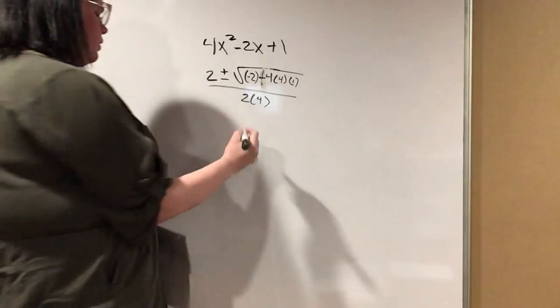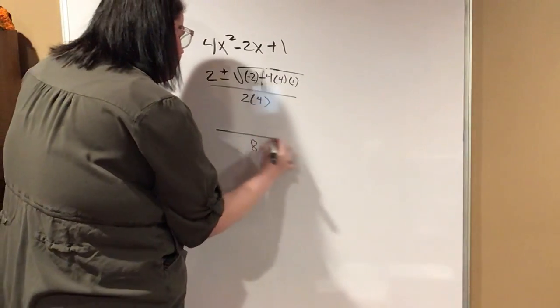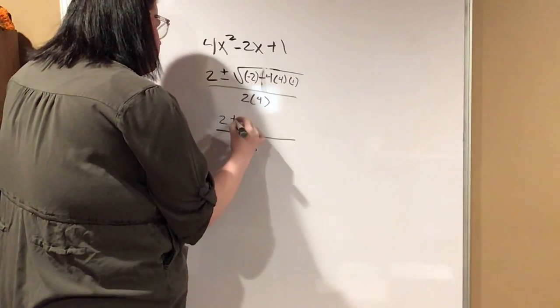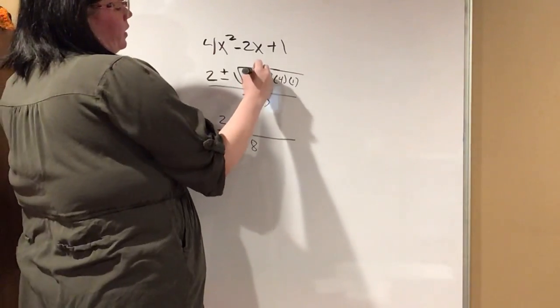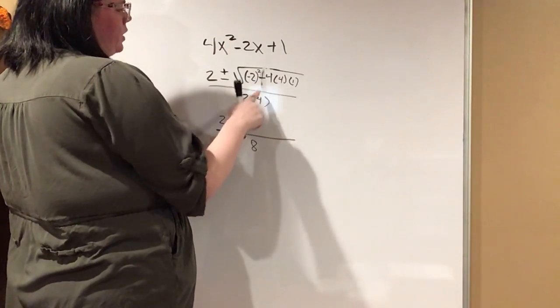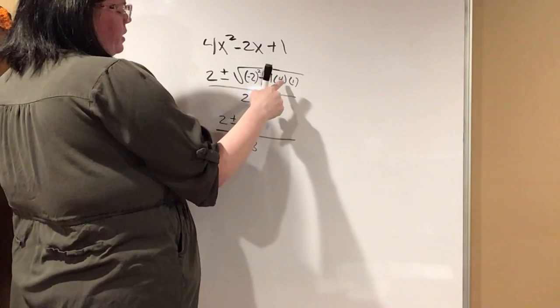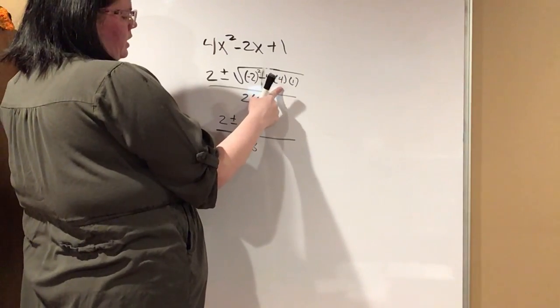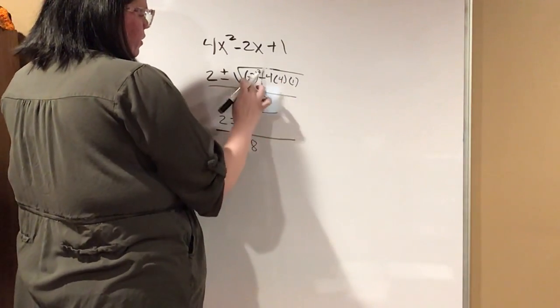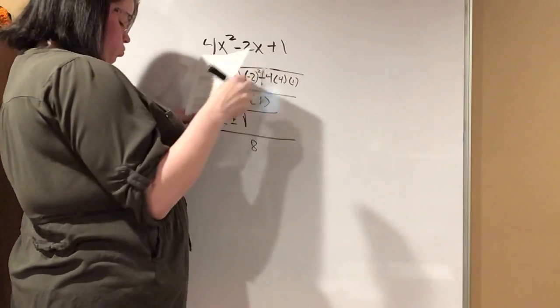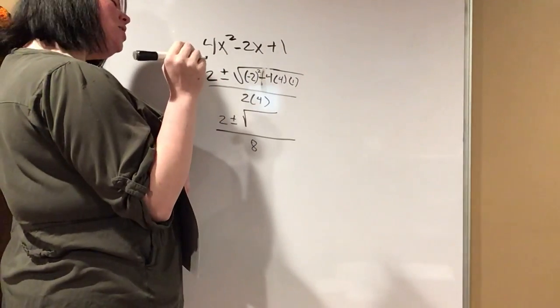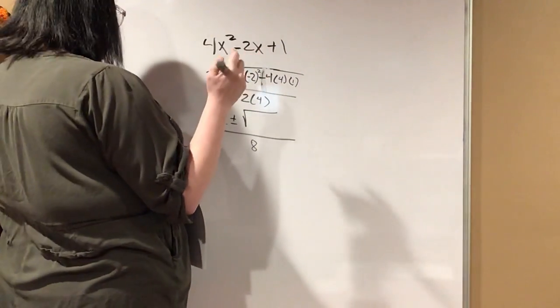Well, we know 2 times 4 is 8 on the bottom. 2 plus or minus the square root of 2 squared is 4, and then 4 times negative 4 is 16, but negative, so the square root of 4 minus 16 is negative 12.